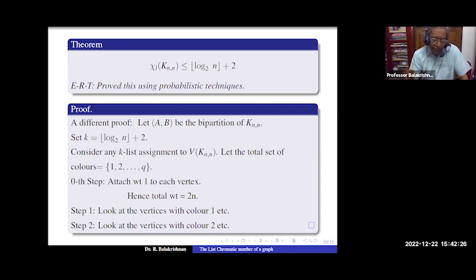Because 10 is greater than or equal to 8, I pull out that 1 from the 10 bags and color those 10 vertices in A. And I double the weight of the 8 vertices in the bottom.